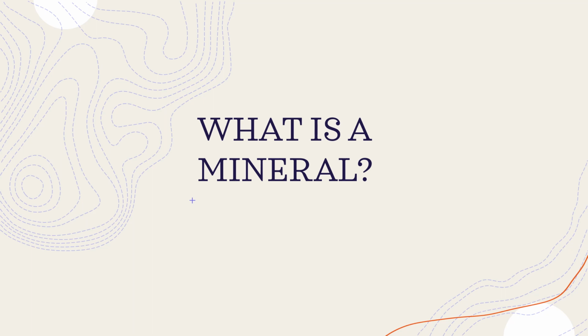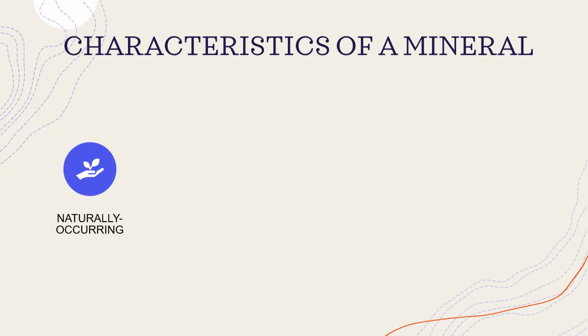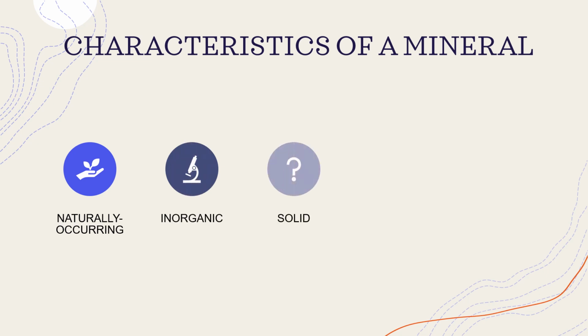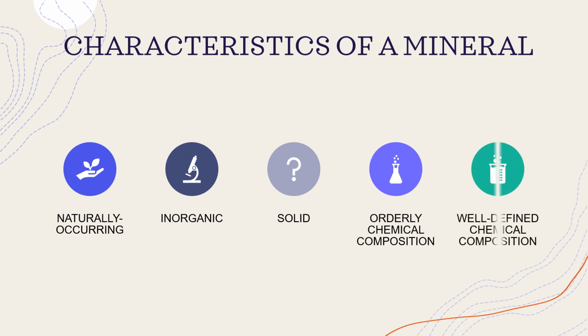All right, so the common question is, what is a mineral? Is a mineral the same as a rock? Take note, a mineral is different from a rock. A mineral is naturally occurring, generally an inorganic solid, and it must have an orderly and well-defined chemical composition.